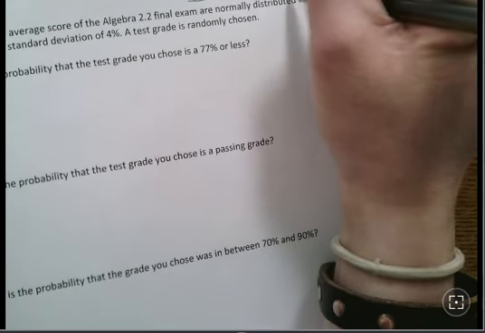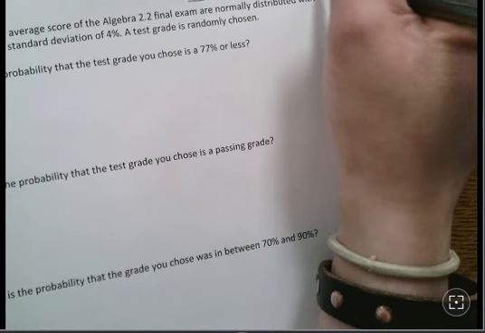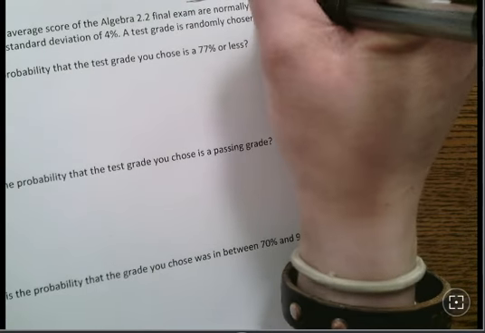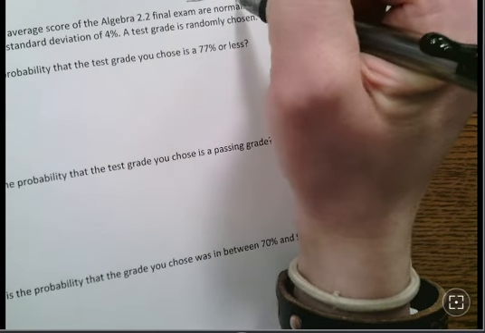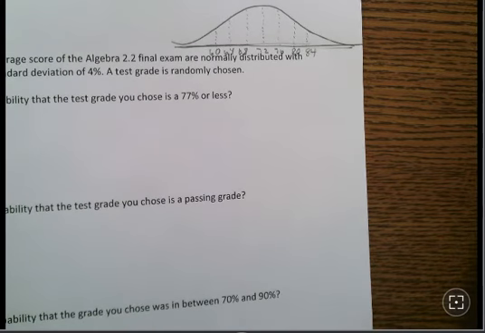So 4% upward would be 76, then 80, then 84, and backwards would be 68, then 64, and then 60. That's the bell curve we've got going on.